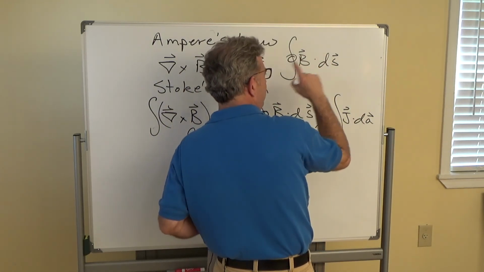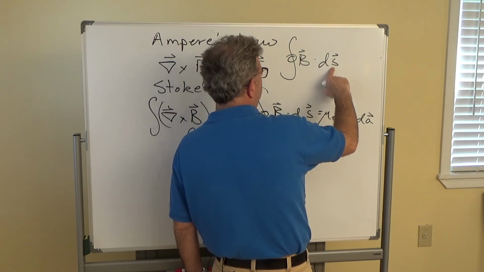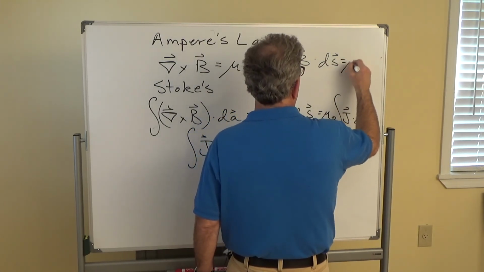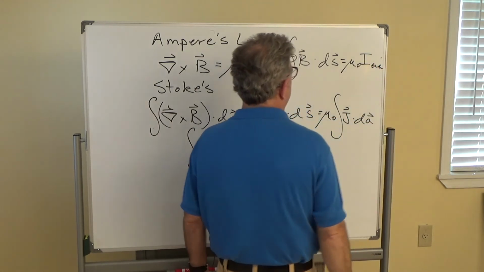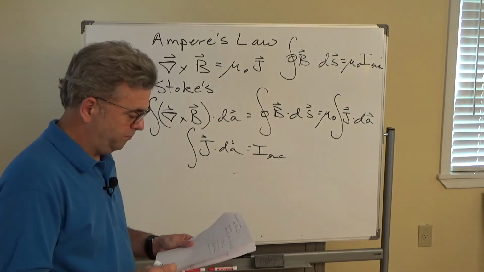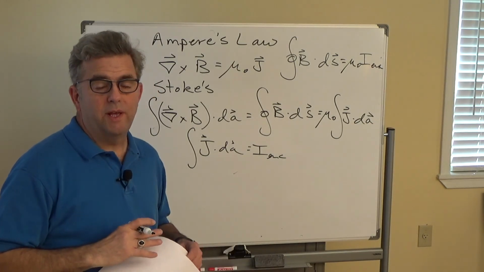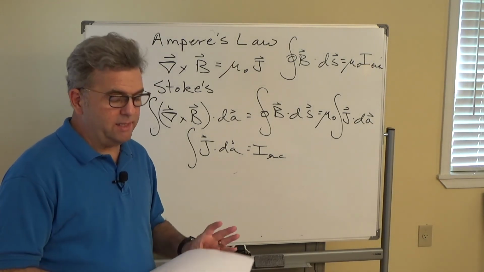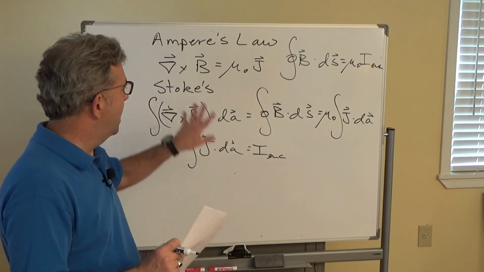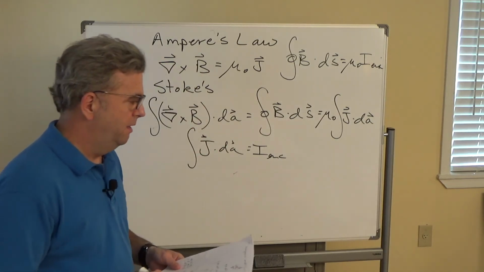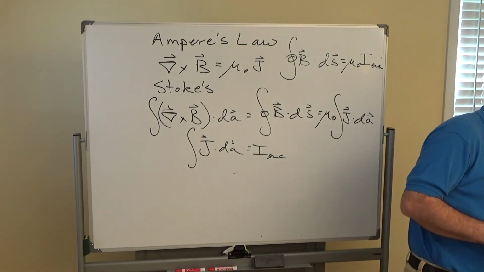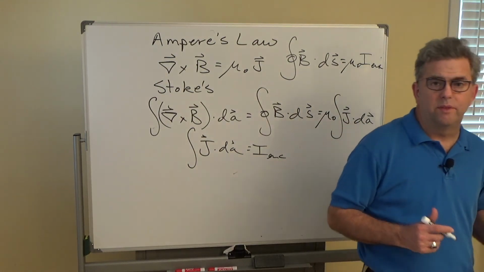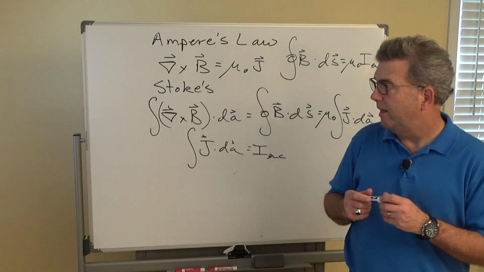That's around, Griffiths may use a dl, I don't know, and that equals mu naught I enclosed. Okay. So that's all I'm going to do today, and next time we will look at some examples of this and see how to use Ampere's law and working with the divergence and the curl of the magnetic field.